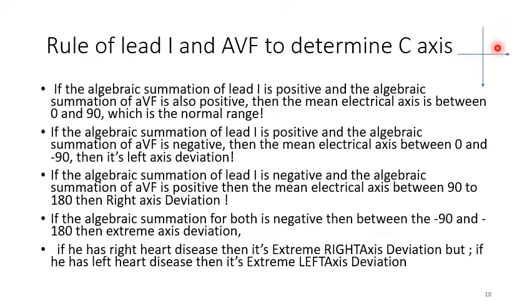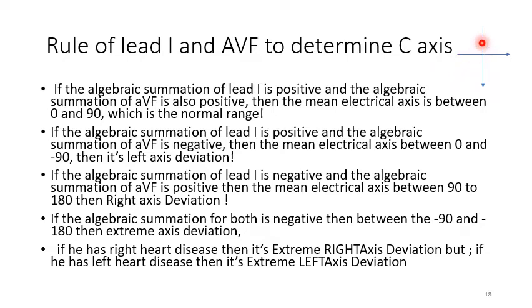And if the algebraic summation of both AVF and lead 1 were negative, that means the cardiac axis is right here in the right axis deviation corner.